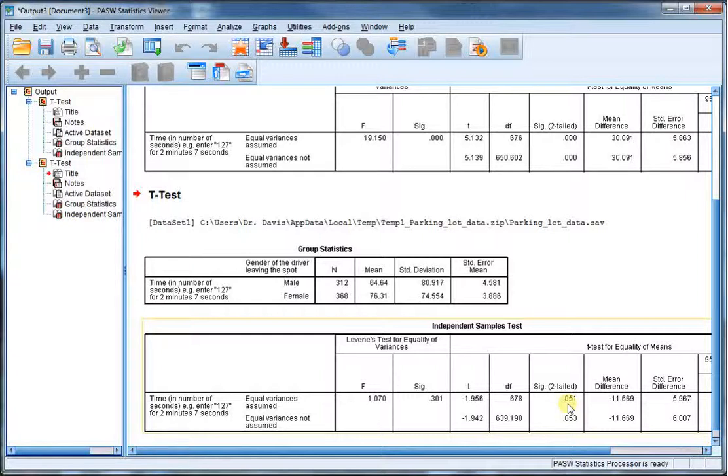But it is so close, we would probably say this is marginally significant. There's a marginally significant effect. Women did, in fact, take longer to pull out of a parking spot compared to men.